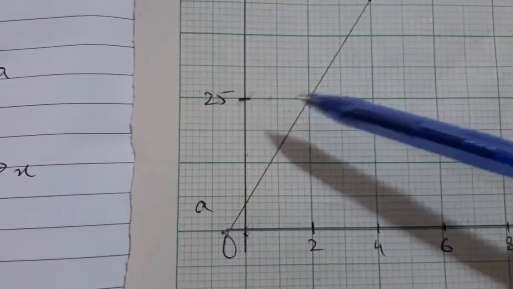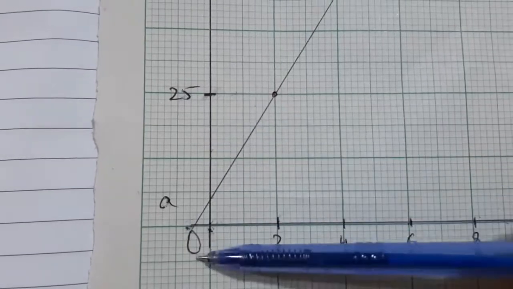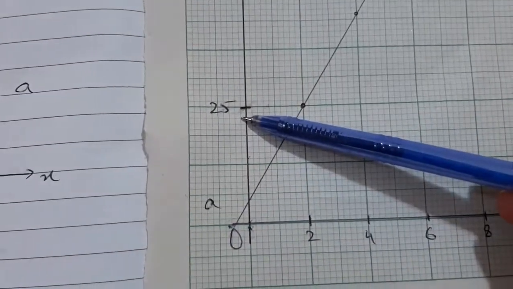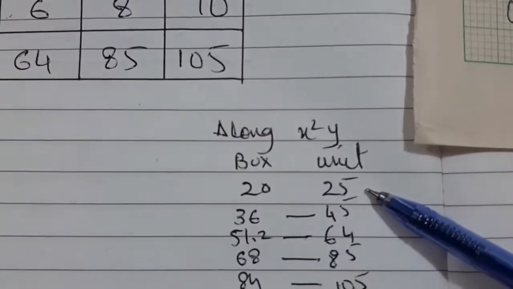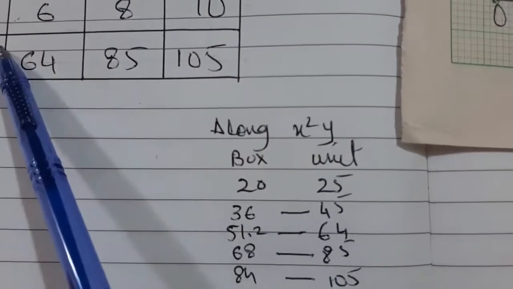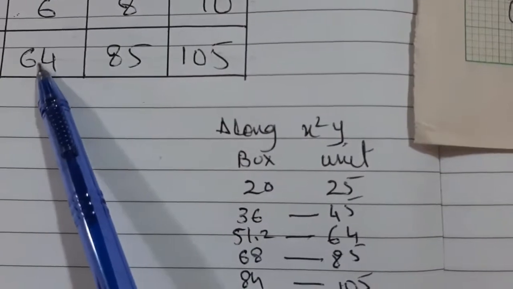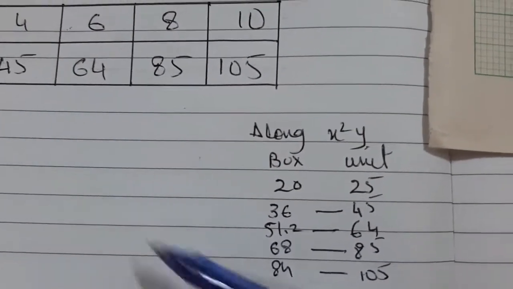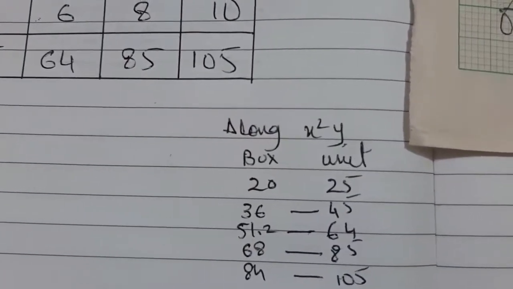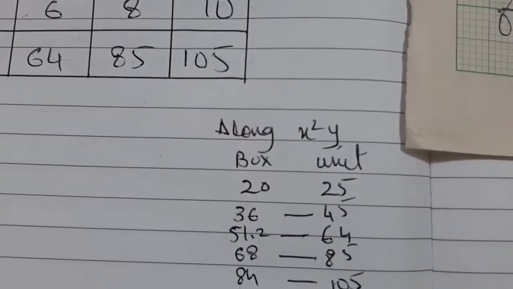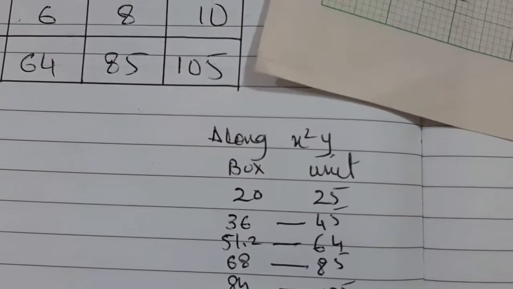You can see 20 boxes are equal to 25. So I have written here 20 boxes equals to 25, and then I'm picking up the values from here. You can see 64 is written here. So 64 equals how many boxes? So I have calculated the boxes also for my easy marking. So this is how I have plotted this graph.